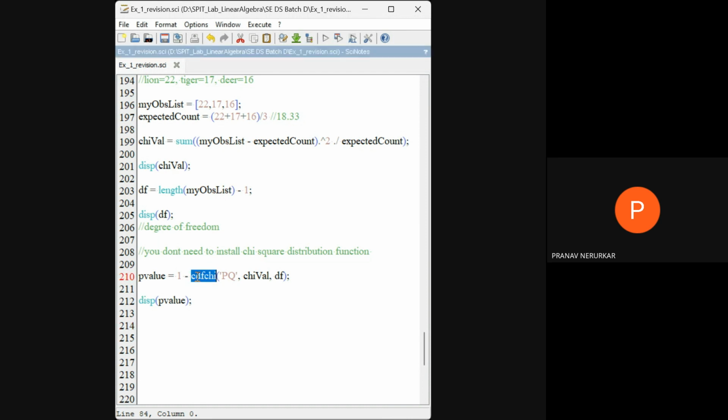Other than this cumulative distribution function of chi-square, the cumulative distribution function of the t distribution, which is similar to the normal distribution, is also available with the base code of Scilab without installing any outside function.